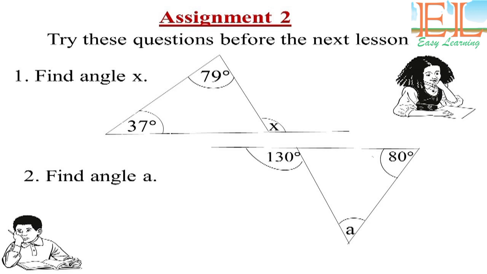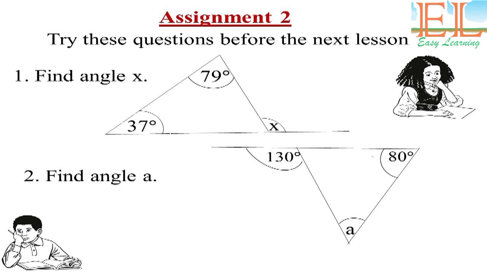Question 1, find angle X, where angle X is an exterior angle of the triangle. We have angles 37 degrees and 79 degrees as the interior angles.